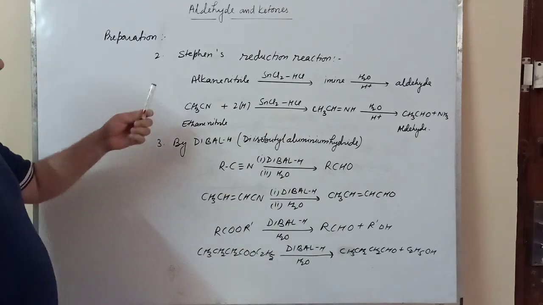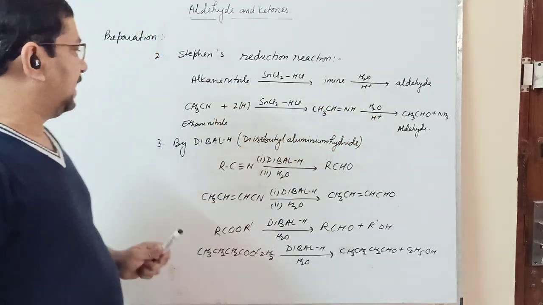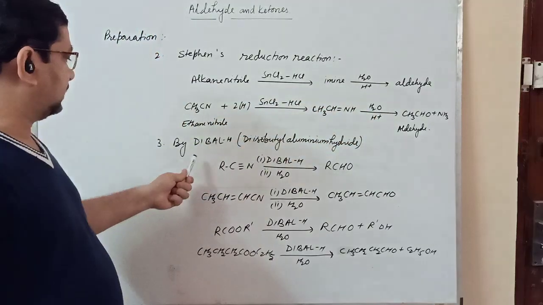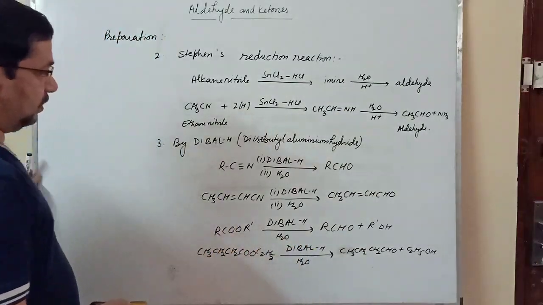So this is about the conversion of alkane nitrile into aldehyde by Stephen's reduction, and second by using DIBAL-H. Now we will go for the next reaction.